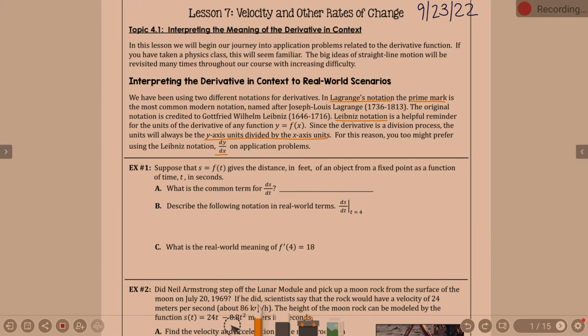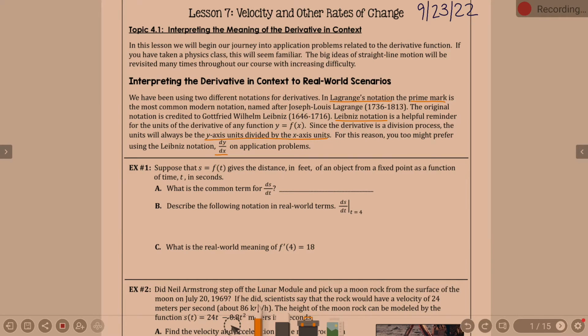Now, a little bit about the derivative. Suppose that s equals f of t gives the distance in feet of an object from a fixed position as a function of time t in seconds. What is the common term for ds dt? You guys see that that's velocity? Because this is the derivative. S is the position function, right? S and x are the 2 different ways you often see the position function.